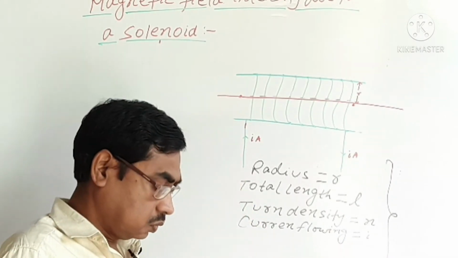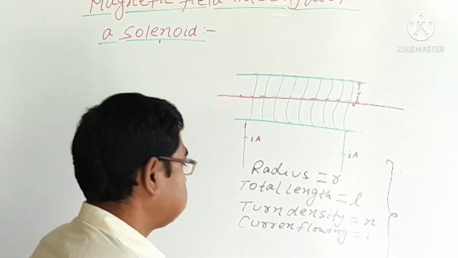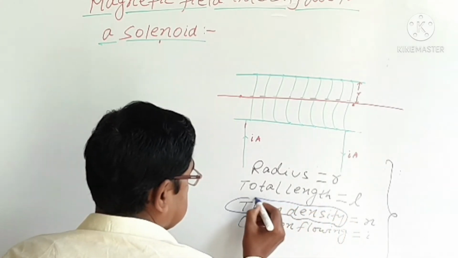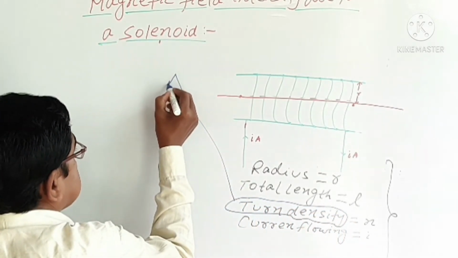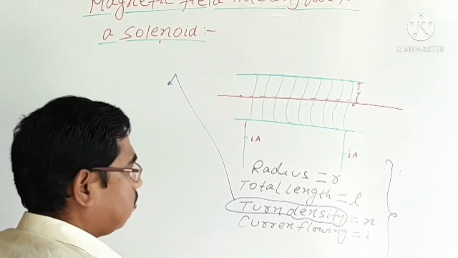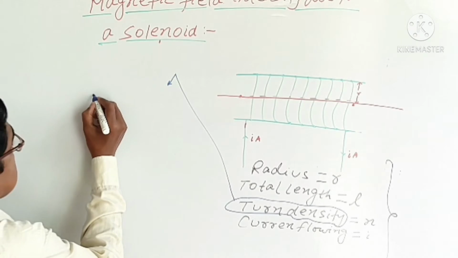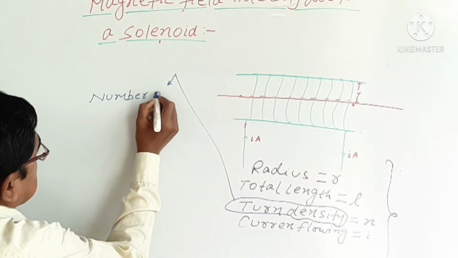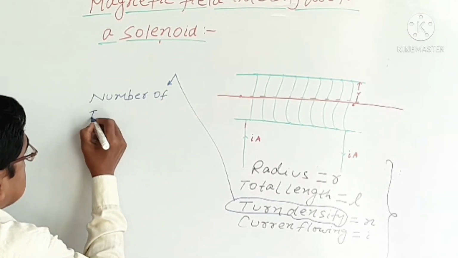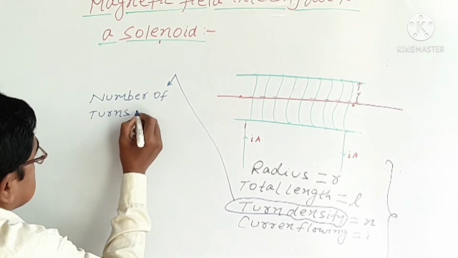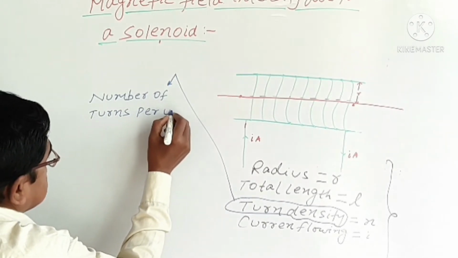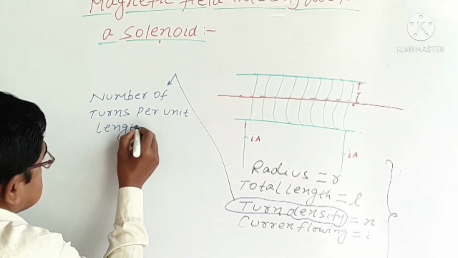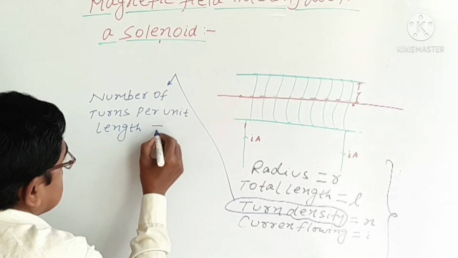Okay. Now, a fact is turn density. What is turn density? Turn density is the number of turns per unit length. Okay, this is small n.